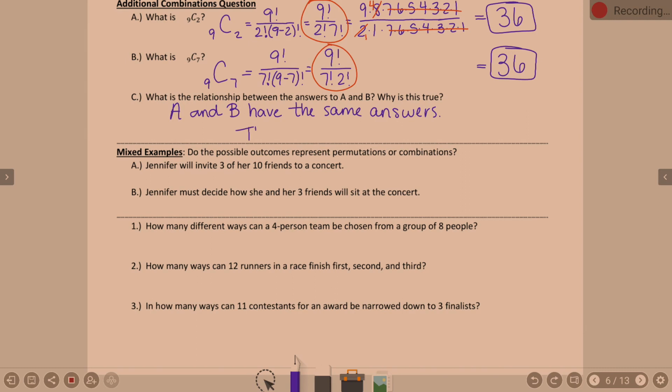So I'm just going to say just that. Their denominators end up the same. Okay. Get what you need from there. And that's your introduction to combinations.